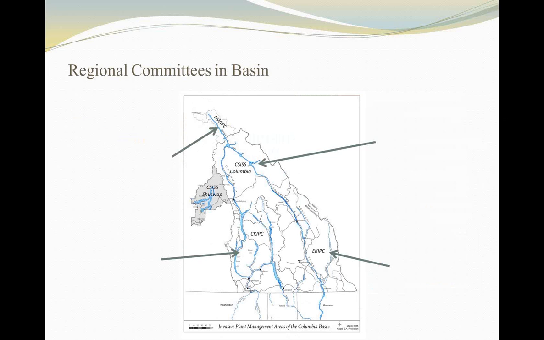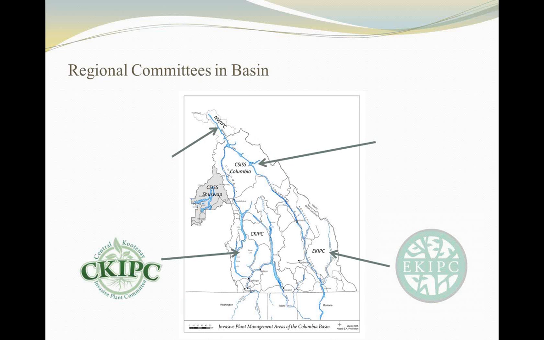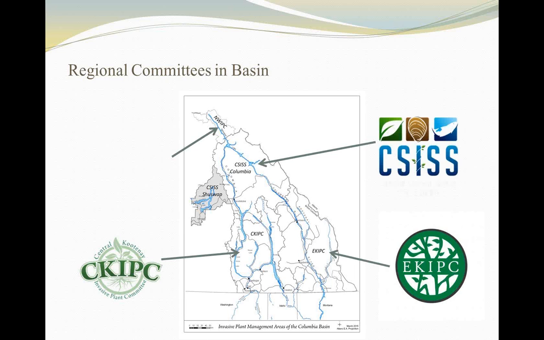So in the Columbia Basin, there are 4 regional committees within the Columbia Basin Trust area. So that's the Central Kootenay Invasive Plant Committee in the West Kootenay, the East Kootenay Invasive Plant Council, the Columbia Shuswap Invasive Species Society, and only the Columbia portion of their regional area is within the trust area, and the Northwest Invasive Plant Council, and just a small finger of their region, which encompasses the Kinbasket Reservoir, is in the Columbia Basin Trust area.